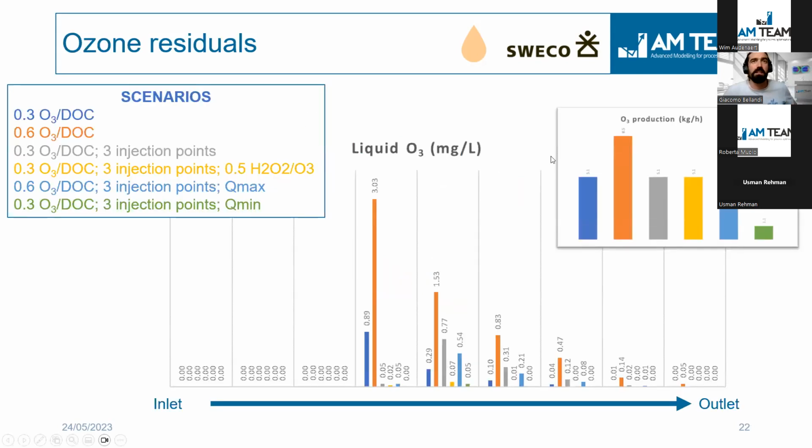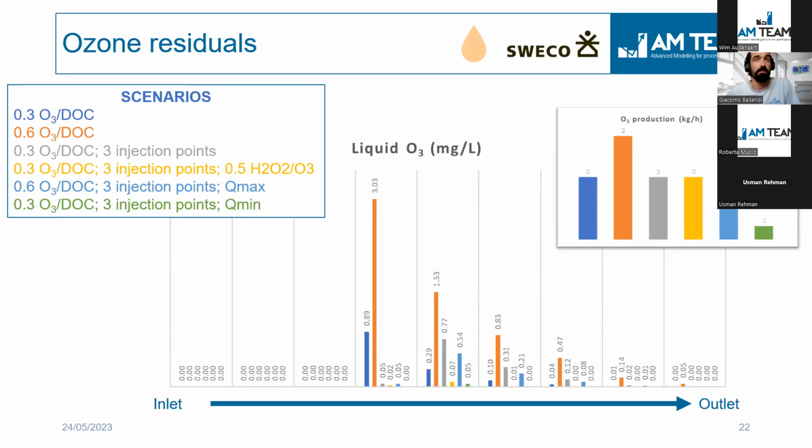So in this specific example, it was a water matrix from an effluent of a municipal treatment plant in Sweden, in which we calibrated the model on standardized ozonation tests together with the experimental data.